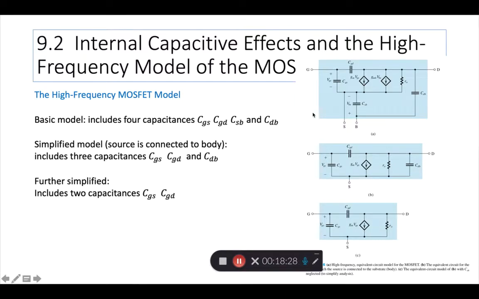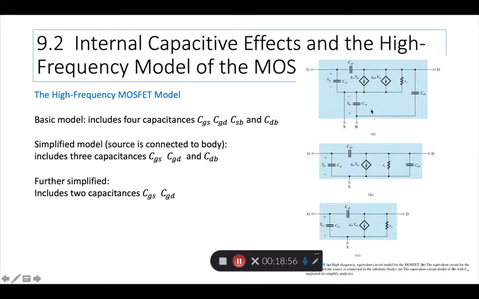Now, all these capacitors have to be added to the model. These are the small signal models, not the biasing models.